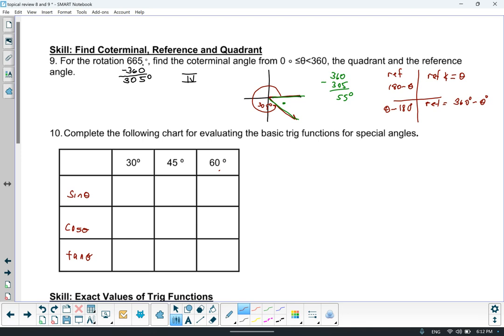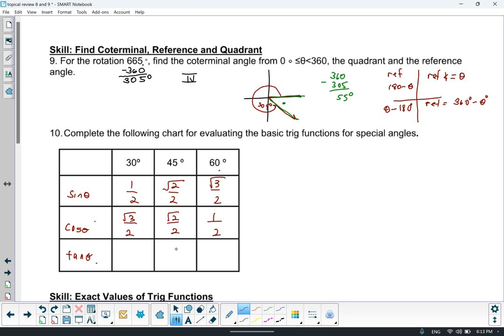Remember, sine divided by cosine is tangent. If you recall, the first 2 rows are over 2. And then notice it goes 1, 2, 3. So it's 1, square root of 2, square root of 3. And cosine's the opposite: square root of 3, square root of 2, 1.